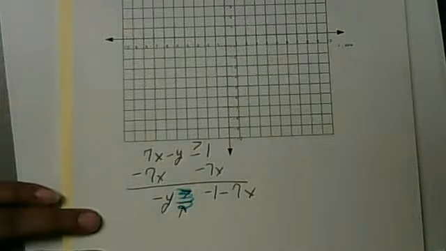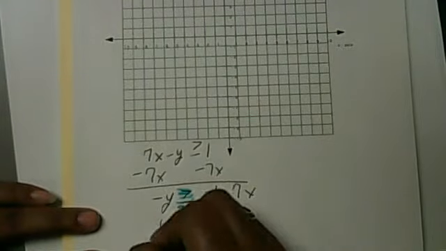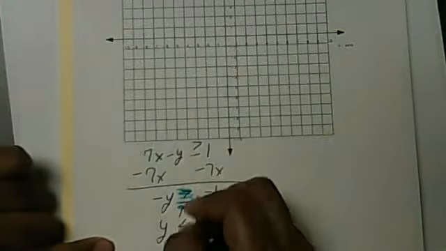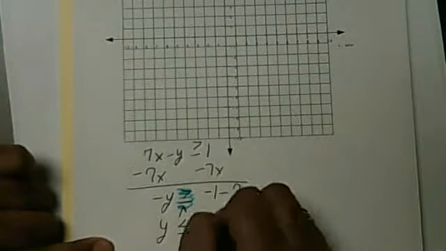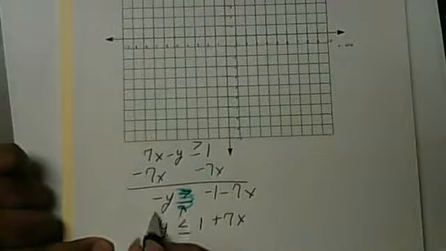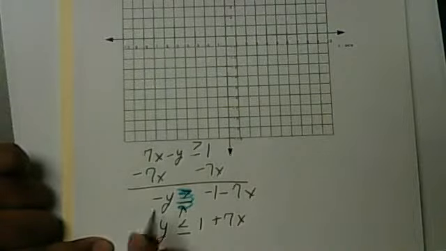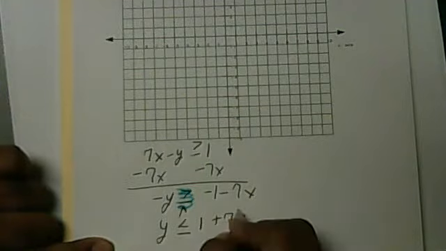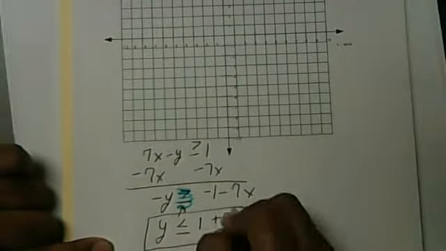So when we do that, we're going to get y, we flip the sign to less than or equal to. It used to be greater than or equal to. This is going to become 1, and that's going to become plus 7x from our other video. So remember, when you divide by negative 1 and you're flipping this to make this positive, you have to flip everything including the sign. Okay?